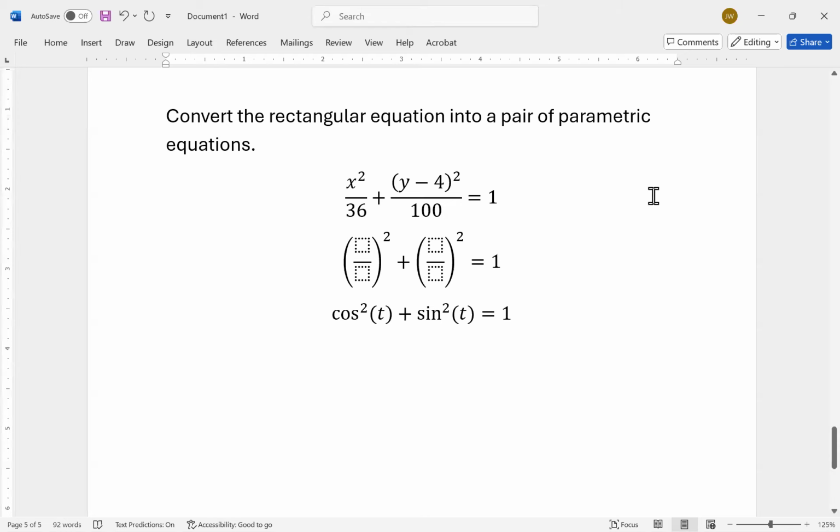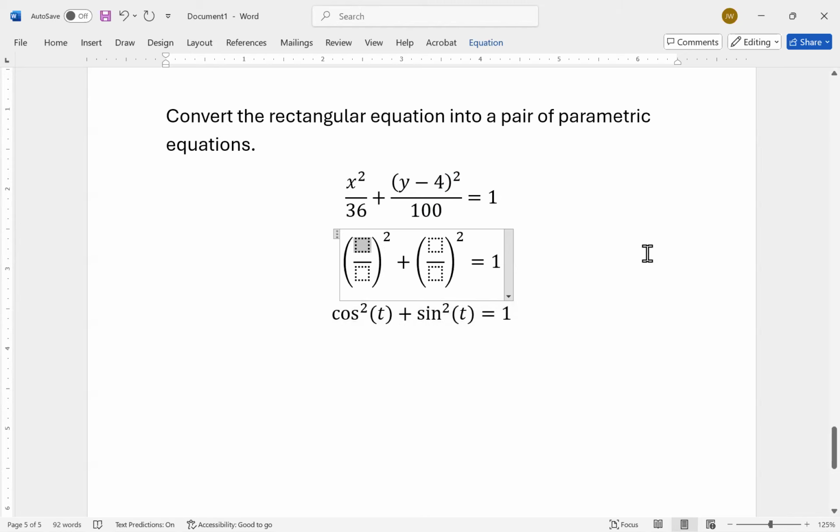All right, this one it's pretty obvious that we want to create something squared plus something squared equals 1, and then do our cosine sine substitution. Now, before I do my cosine sine substitution, I have to remember that the entirety of this object needs to be squared to replace it with cosine.